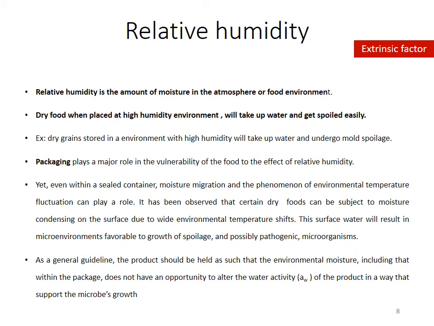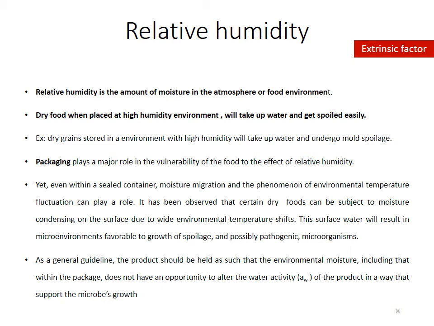Here, packaging plays a major role in protecting the food from the effect of relative humidity. However, even within a sealed container, moisture still can migrate inside the container and affect the food.